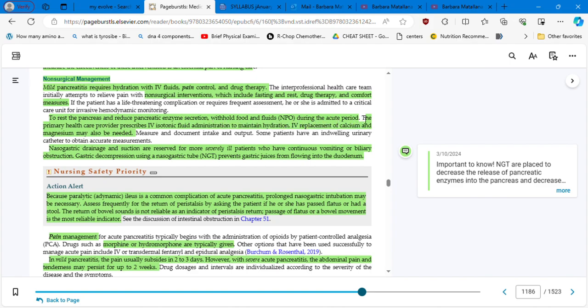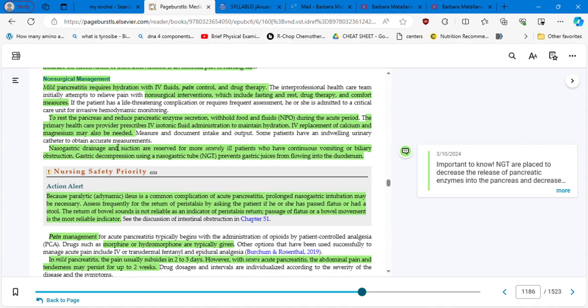Because remember, all these enzymes that help to break down the food, amylase, lipase, and protease, are going to be overactive. So we need to keep the patient NPO, nothing per oral, and just try to reduce the inflammation, and the patient just needs to be hydrated.